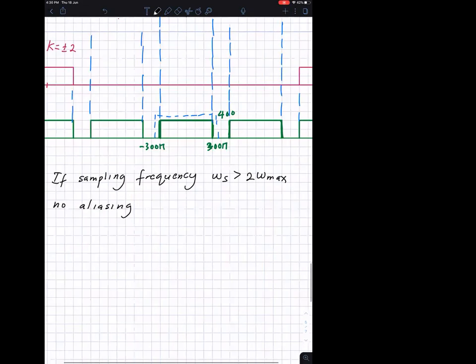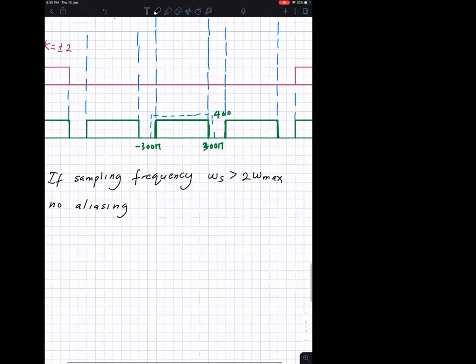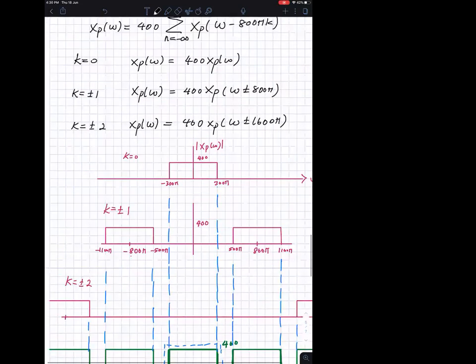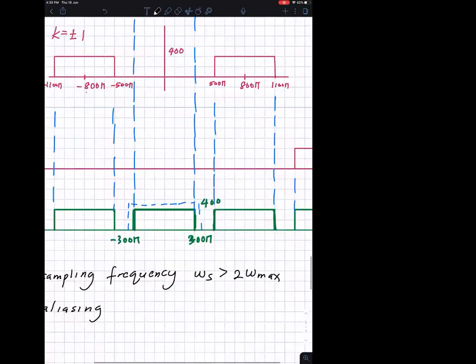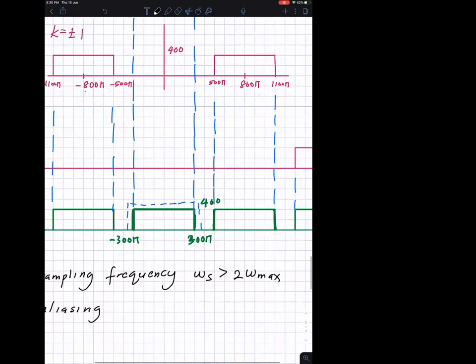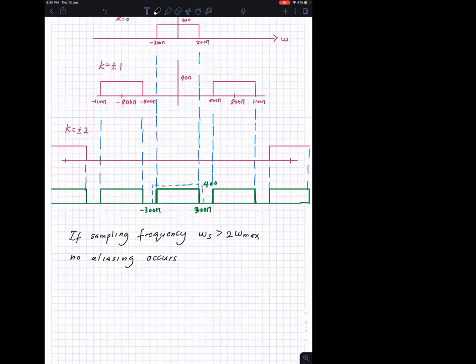Okay, more than twice bigger. If exactly twice bigger, it's just nice, but still at the borderline. But bigger than twice is much better because you have a clearance here for filtering. No aliasing occurs, and we can reconstruct.